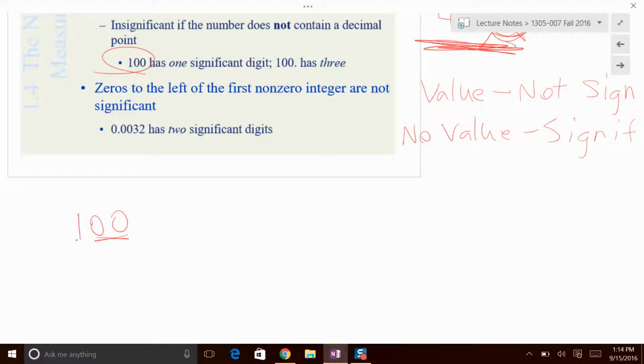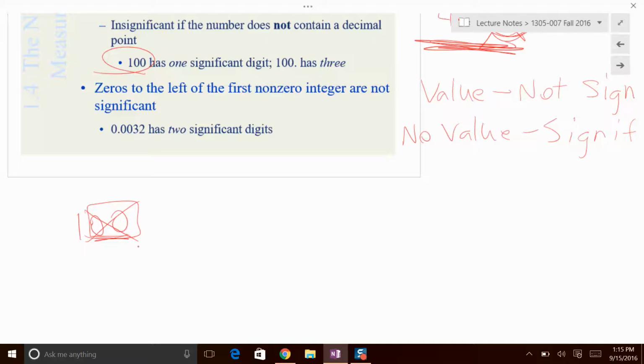So if they have value, then what do we know about these zeros? They are not significant. So there is only one significant digit in this number. Because they do have value, they are not significant.